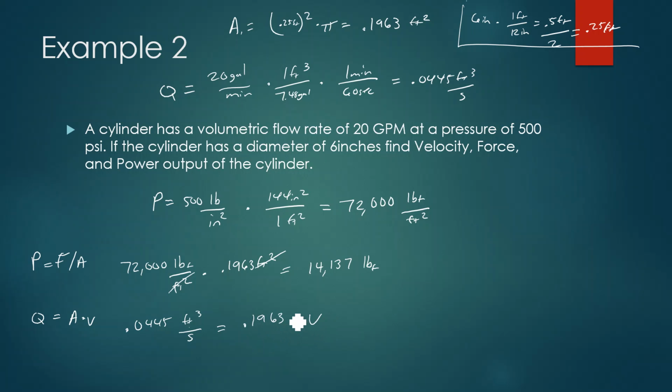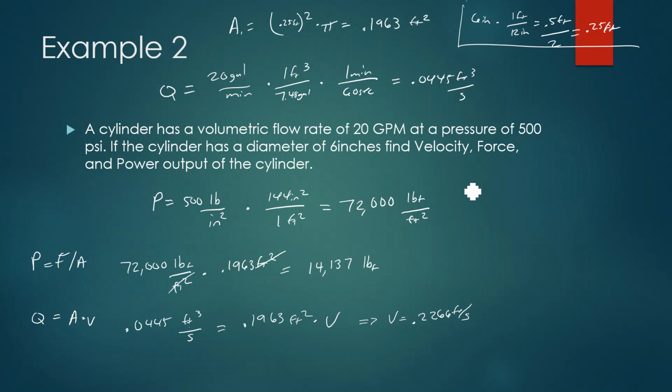So to find velocity, we just divide both sides by 0.1963, and we're going to get our velocity is going to equal 0.2266 feet per second.